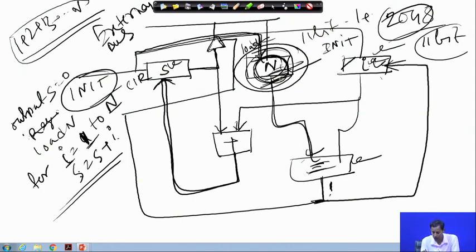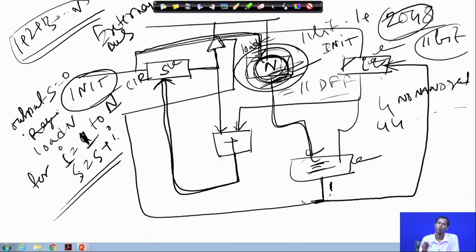If I can reduce these registers, obviously I can reduce the number of transistors. That means I need 11 D flip-flops. If each D flip-flop requires 4 NAND gates, then in total 44 NAND gates I can reduce. Okay. So, in terms of area or power also I can get the benefit.